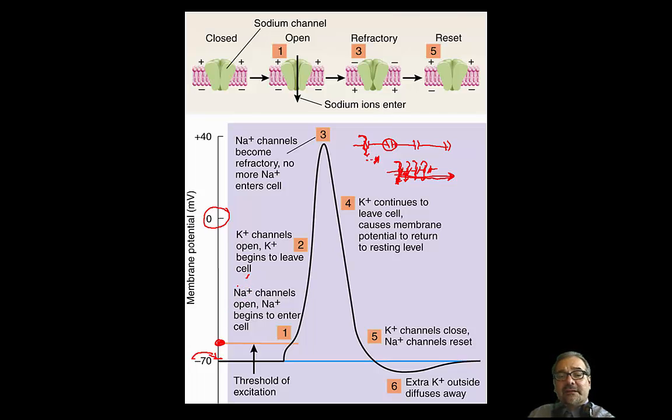So if you look at this, what you see is when this threshold is reached, sodium channels will just begin to open up, and they will open up very quickly, and they will cascade into this process of opening up. That's the first step, the opening up of the sodium channels, and this is number 1 here. Okay. Well, actually it's number 0 here, number 1 here. It's the opening of the sodium channels.